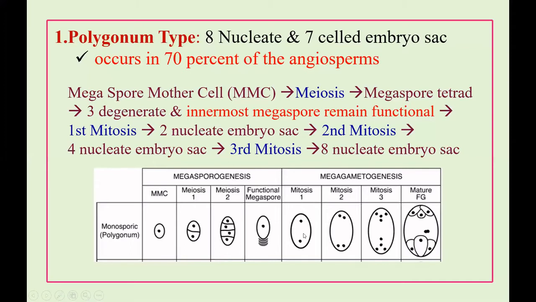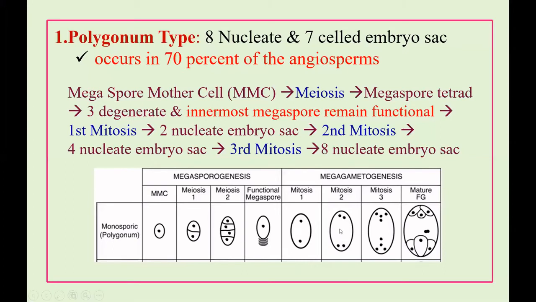This functional megaspore undergoes mitosis, giving rise to two daughter nuclei, and it again undergoes a second mitotic division.